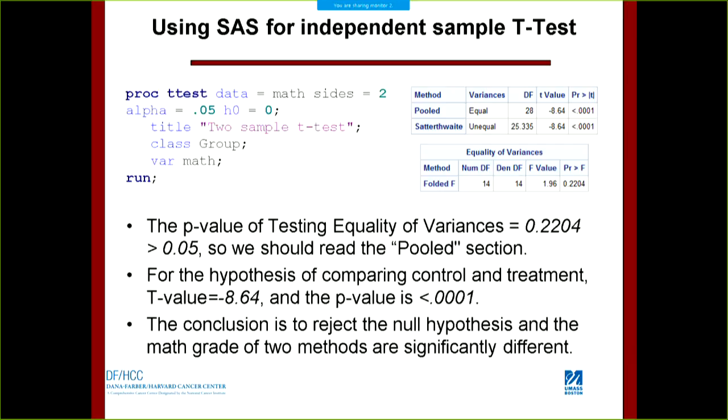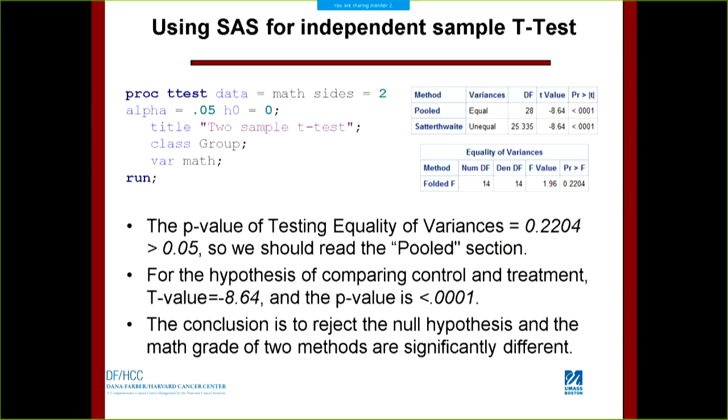In SAS, the command for the t-test is proc ttest here, and the variable here is the testing variable, the outcome variable, and in the class statement we put the categorical variable group for the t-test. Again, the SAS output also gives us the test of equal variances, which is not rejected.